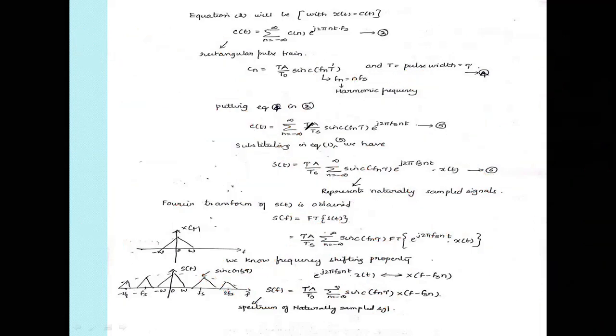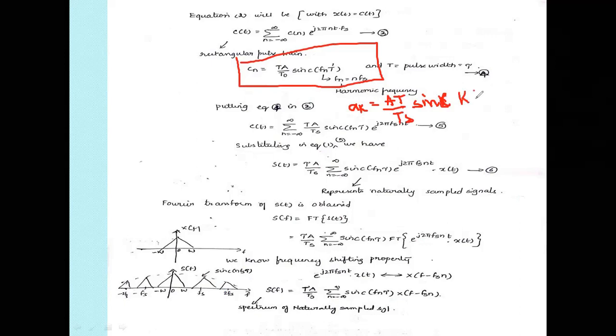By using this analysis equation, we got Cn is equal to A T by Ts sinc Fn into T. That T is the pulse width and Fn is n into Fs. Or we got A suffix k is equal to T A by Ts sinc k T by Ts.